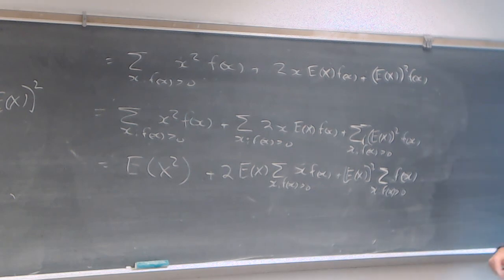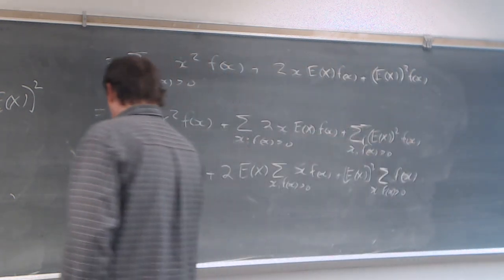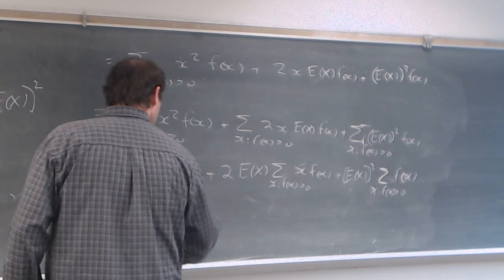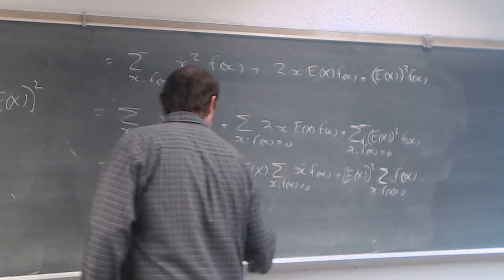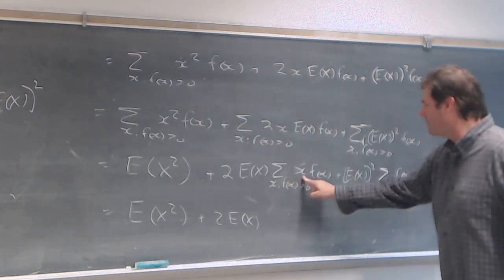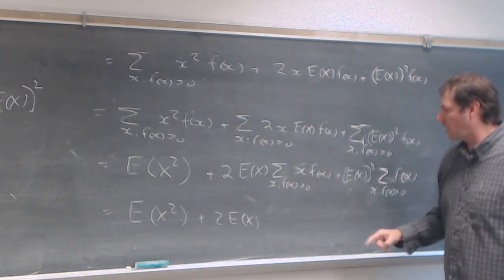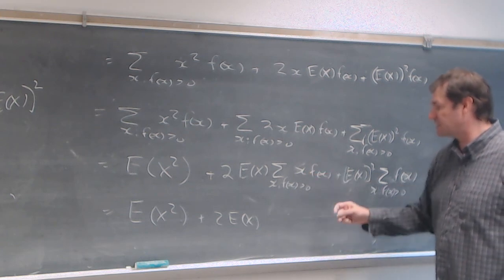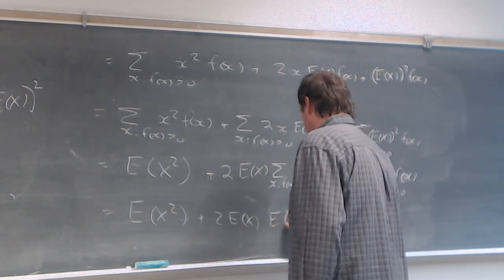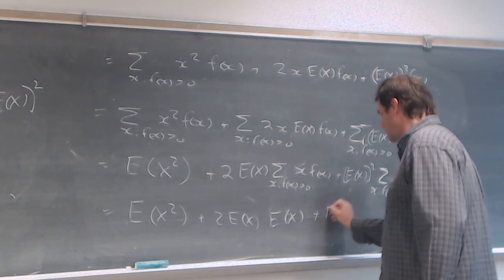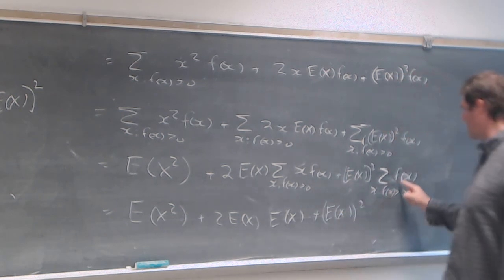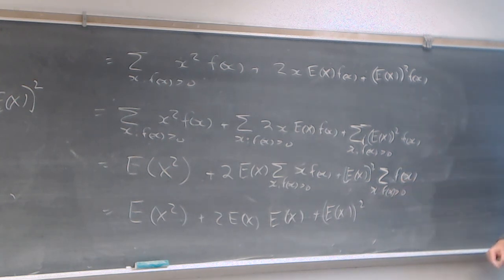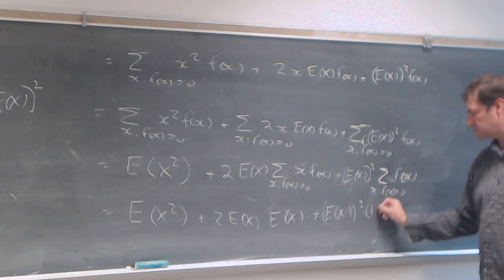Now, the expected value of x squared, that's what it is. Here, this is 2 times the expected value of x. Now, the sum of the x values times f of x, that's nothing more than the expected value of x. And here, this is plus the expected value of x, quantity squared. And the sum of the f of x such that f of x is greater than 0, by property of f of x, is equal to 1.